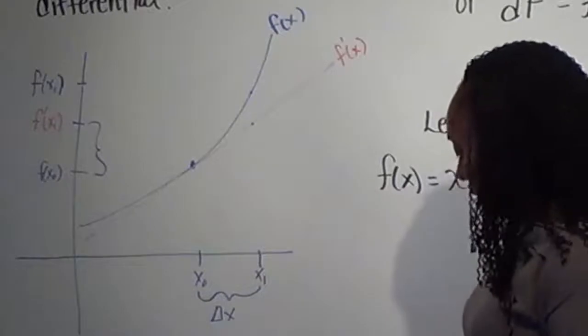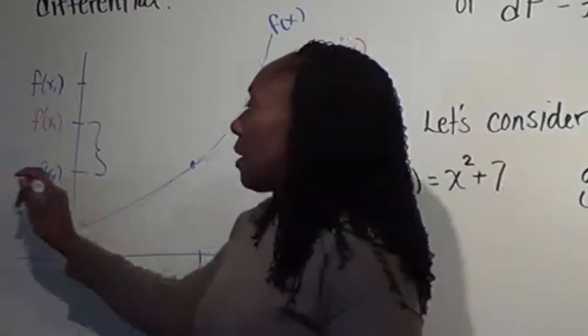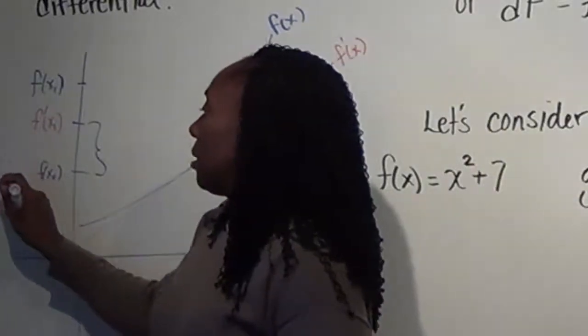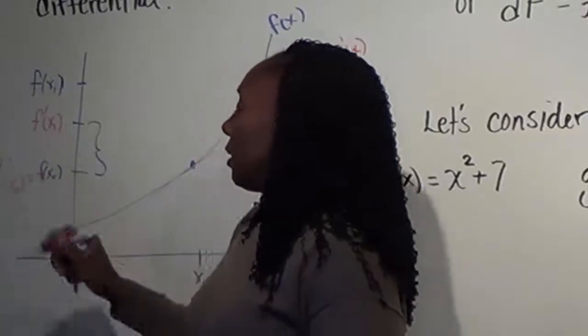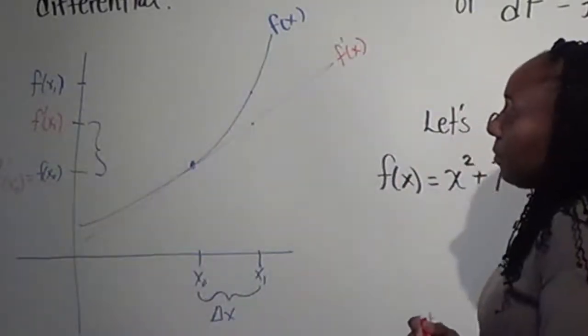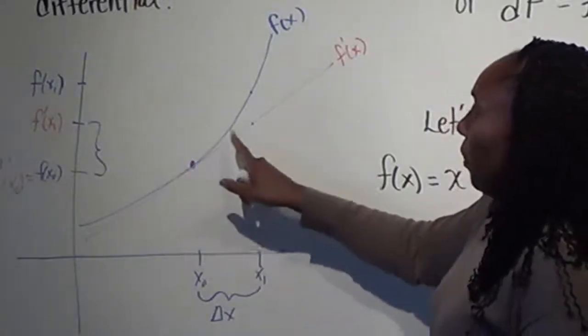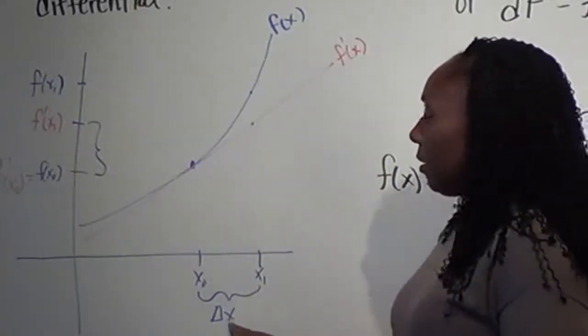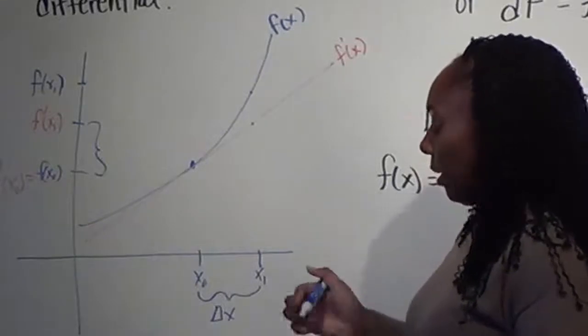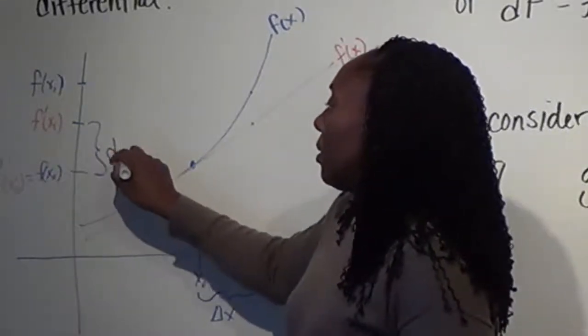Notice f of x naught and f prime of x naught in this case are exactly the same. So the difference between the point on the curve and the point delta x units away on the tangent line, this is our dy.